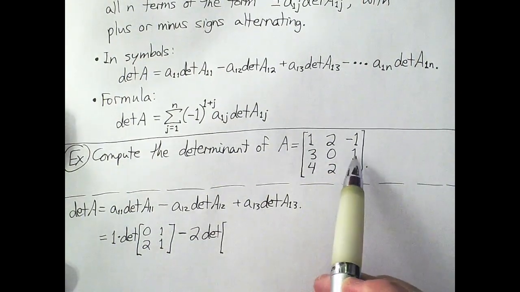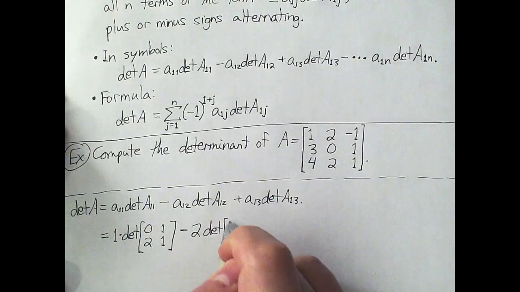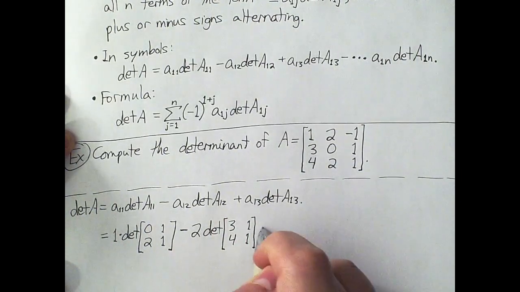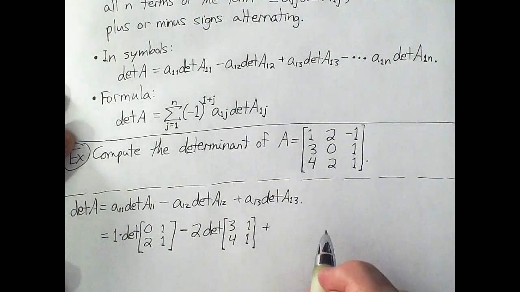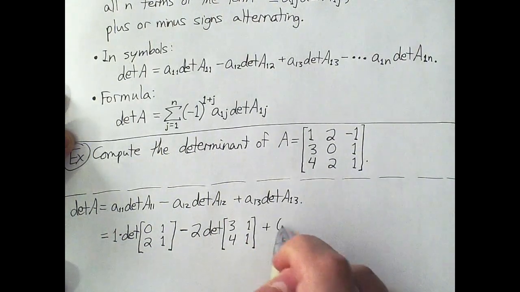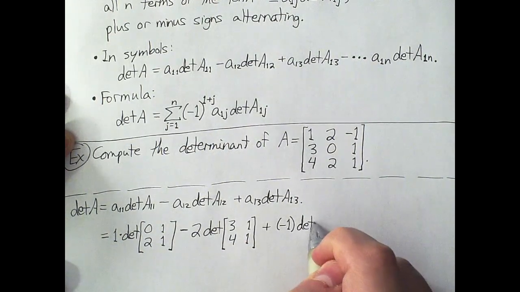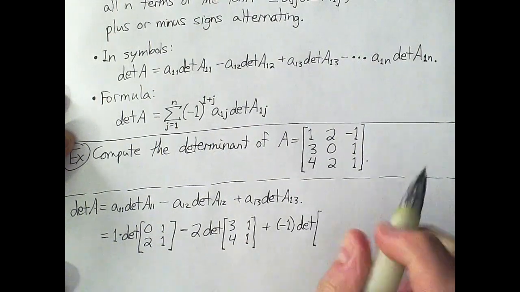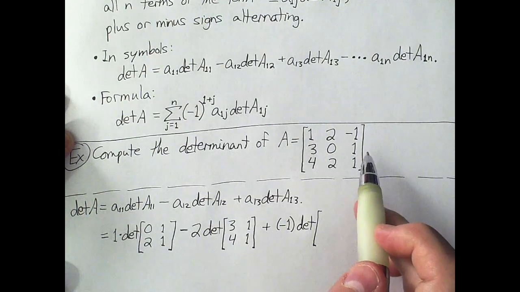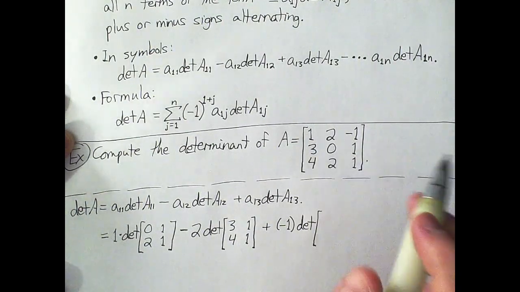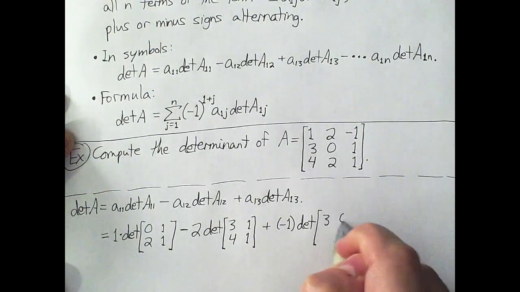We have the 3, the 1, the 4, and the 1. And then plus a13. Oh, a13 is -1. So plus a negative number. And then the determinant of what's left if you remove row 1, column 3, we're left with 3, 0, 4, 2.